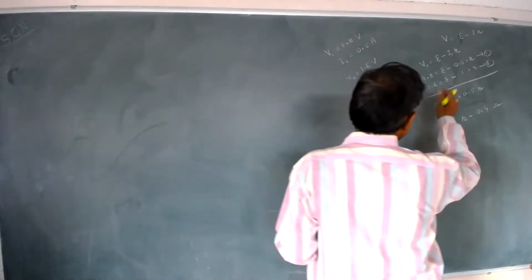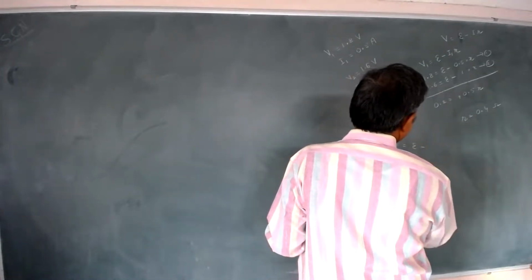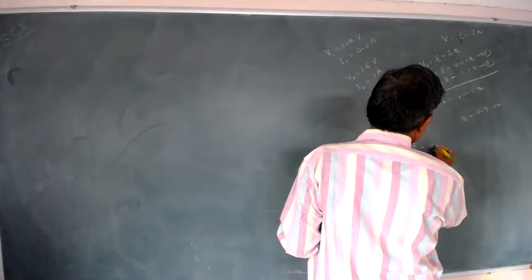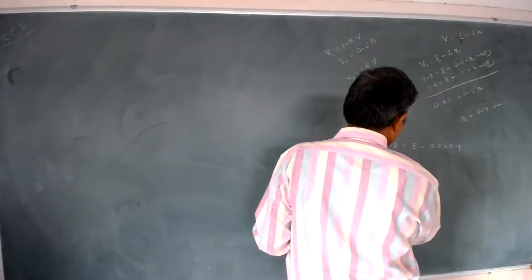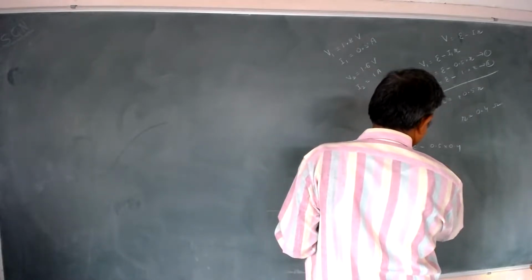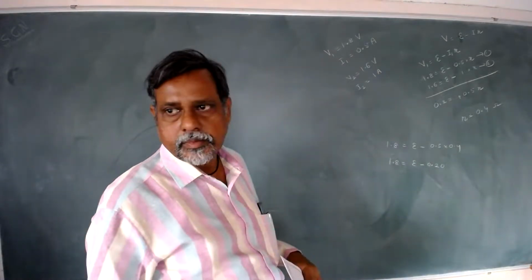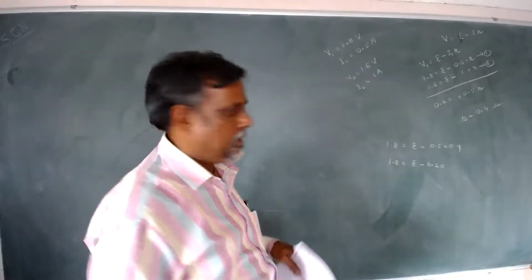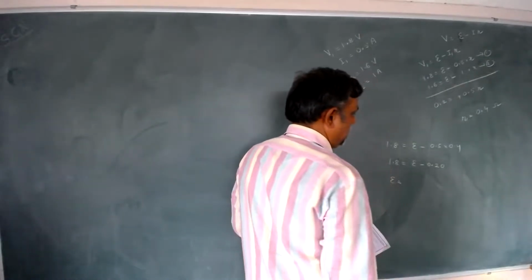Substitute this R in one of the equations: 1.8 equals epsilon minus 0.5 into 0.4. So epsilon is equal to 2 volts.